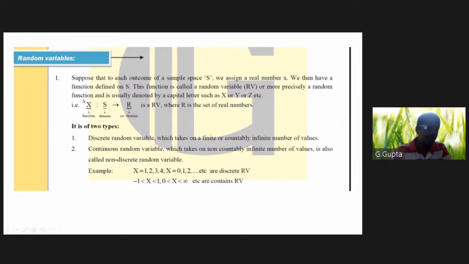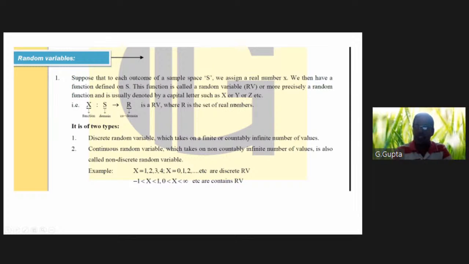It is usually denoted by capital letters, capital X or capital Y or capital Z. The values of capital X, because numeric, are called numeric outcomes, denoted by small x1, small x2, small x3.